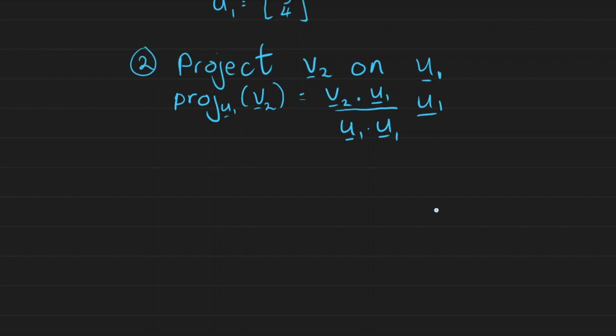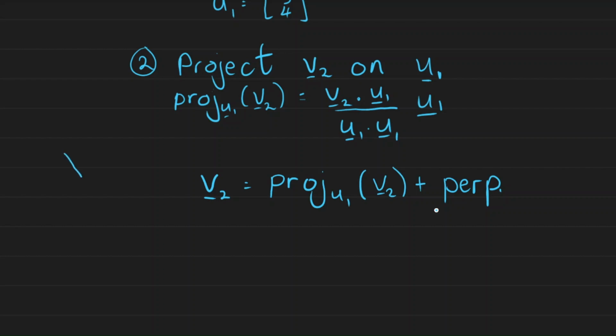Well, it's not a difficult thing to see. We can take v2 and we can write it as the sum of its two components. So the first component is the projection along the direction of u1, as we had just shown. And also we'll have a perpendicular component. So initially we had v2, so v2 was something like that.